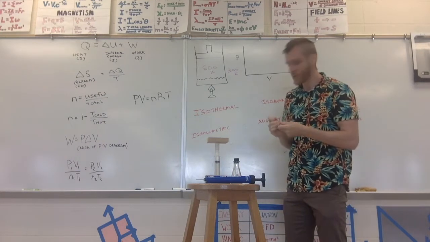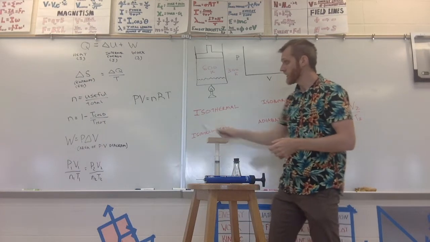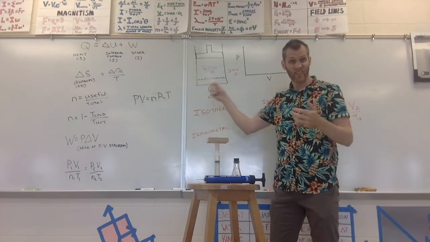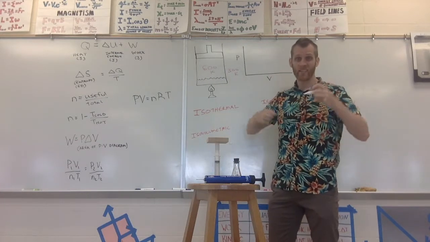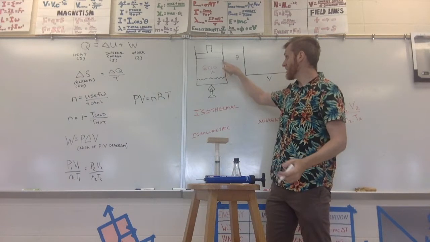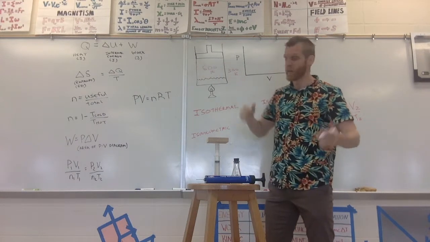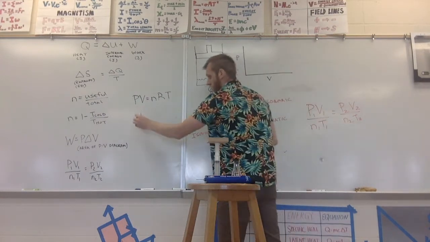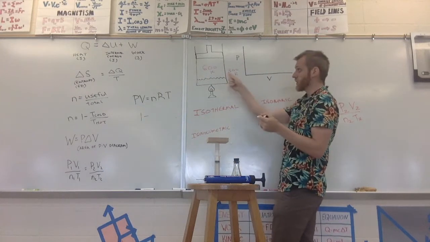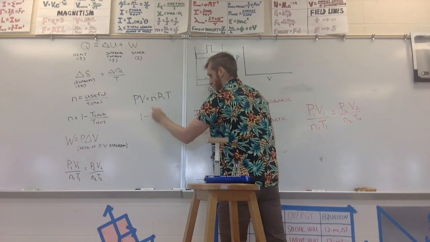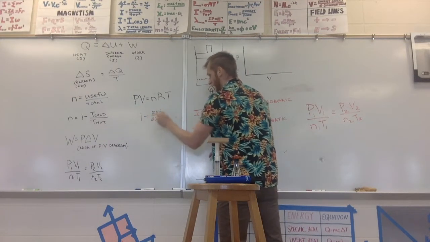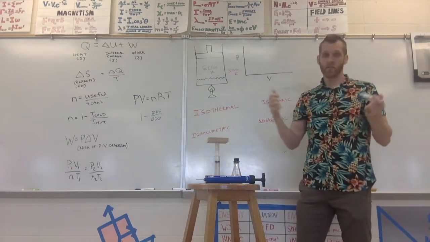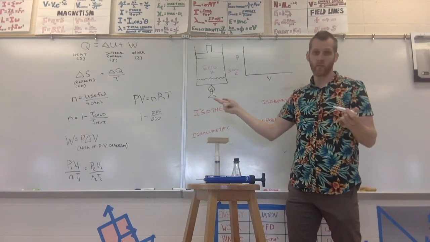Well, that's pretty straightforward. I would just plug it into this. The maximum efficiency that this system could ever reach, assuming it didn't dissipate energy to the container or something, would be 1 minus T cold, which is 300, over 600, T hot, and my efficiency is 1 minus 0.5, which is 50%.